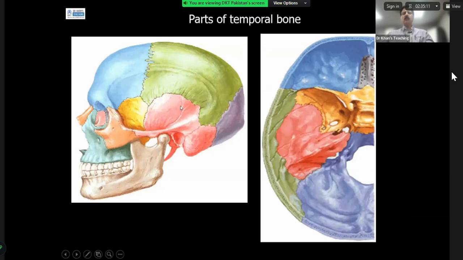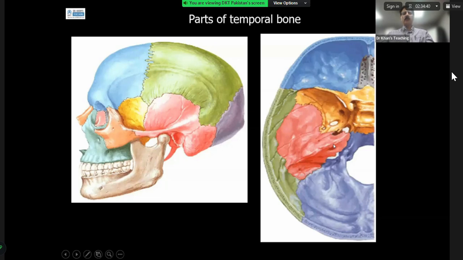Interestingly, out of the bones of the skull, the squamous temporal bone is the thinnest portion. This is very dangerous because if somebody gets a trauma here, there can be an epidural hematoma because of middle meningeal artery rupture. On the other hand, another part of the temporal bone is the petrous part, which is our main area of interest, and this is the densest bone in the human body, remember.